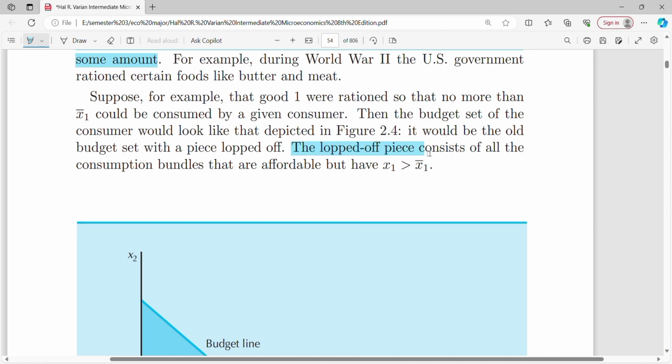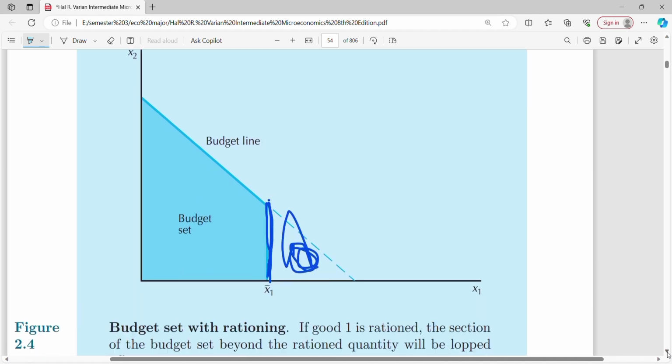This is very important. It doesn't mean that this part is beyond the affordability of the consumer. It simply means that it is beyond the rationed quantity. This part is also affordable for the consumer, but as it is beyond the rationed quantity, he is not allowed to have this. That's why it is lopped off.